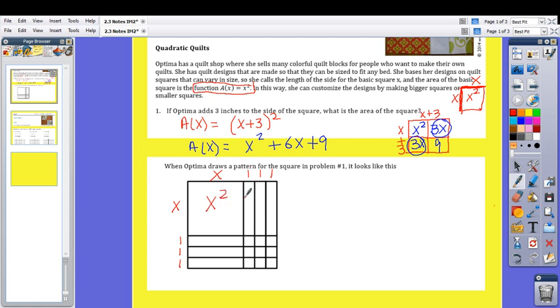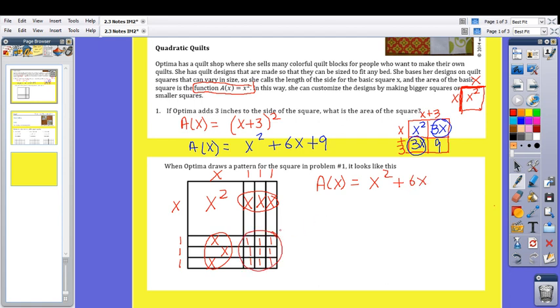1 times x, so this is x tile, x tile, x tile. This is x tile, x tile, and x tile. These are all 1 tiles, so here we are. Now if you put it together, if you add your x's, with the area model we get x squared, and then 3 here and 3 here, so 6x.